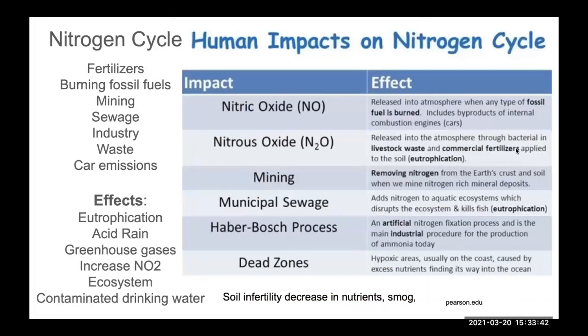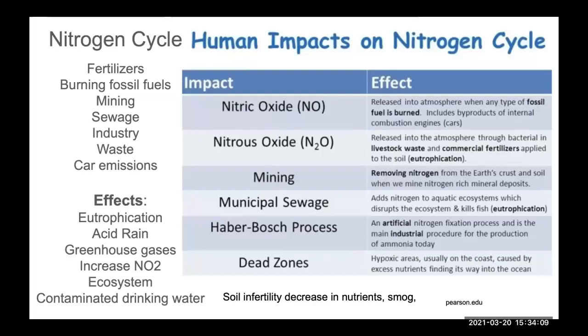Well, humans love to make fertilizers and burn fossil fuels and mine. They have lots of sewage waste, industry and trash landfill waste, as well as car emissions that are all giving off forms of nitrogen. Things like nitrous oxide and nitric oxide are being released.